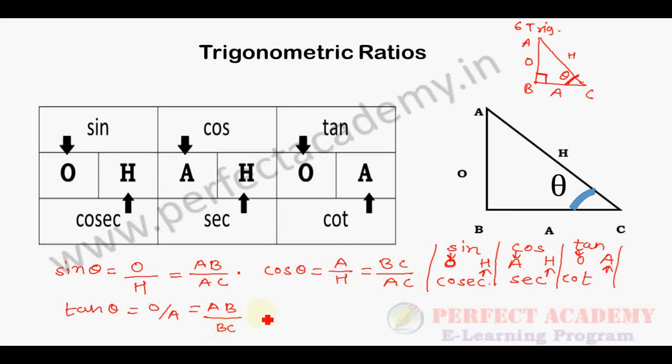Similarly, you can define cot theta, A by O, which is nothing but BC by AB. Then we have sec theta, H by A, that is nothing but AC by BC, and cosec theta, which is obviously H by O, which is AC by AB.